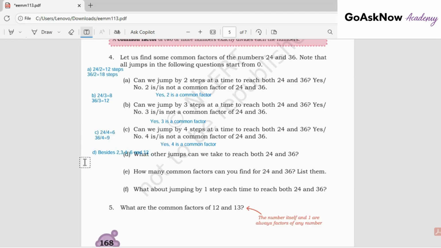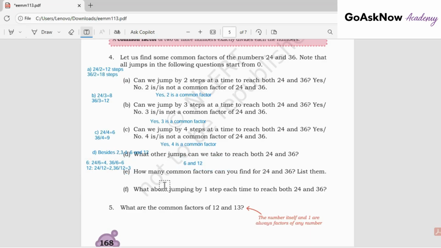First 6: 24 divided by 6 is equal to 4, and 36 divided by 6 is equal to 6. This is correct. And 12: 24 divided by 12 is 2, and 36 divided by 12 is equal to 3. So, the other numbers are 6 and 12.